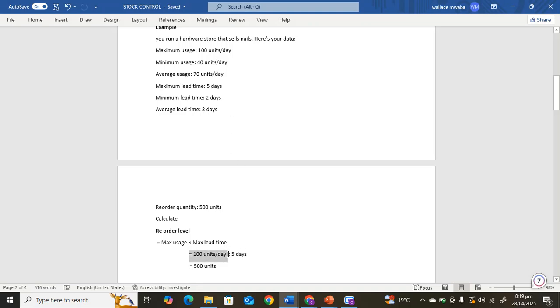So 100 units a day times 5 days is 500 units. This reorder level is telling you that when you reach 500 nails, that's the time you need to make another order. Any questions before we move further?